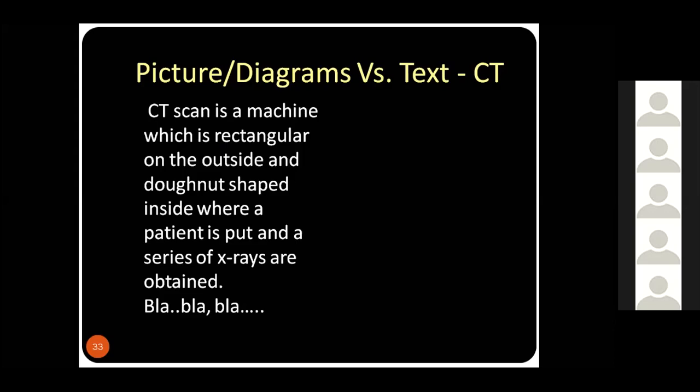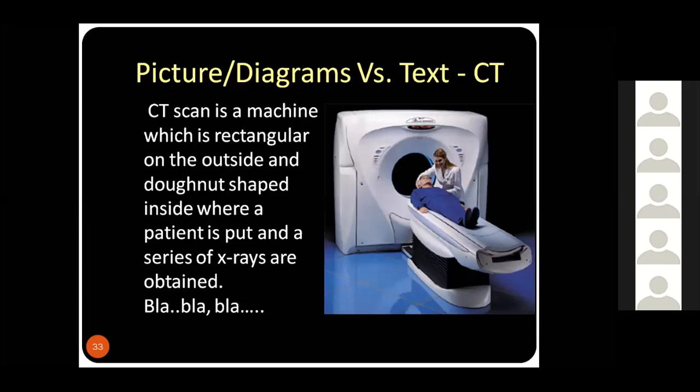And by saying this, we are not sure how much that person understood. Like if an engineer asked me this question and he was really sincerely asking what the CT scan was, and I told him this, which I could do with the best of my knowledge, I'm not sure he will understand maybe 20% or 30%. But if I show him this picture, he would immediately have an idea what I was talking about. So this is the difference between showing the picture and just saying the text.